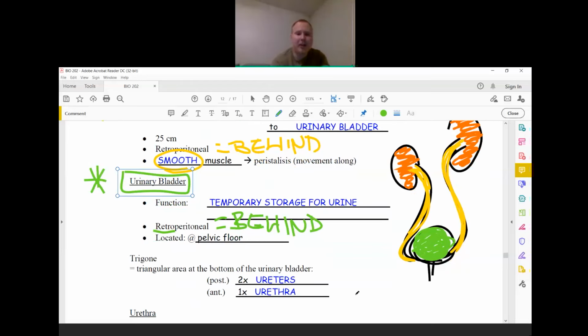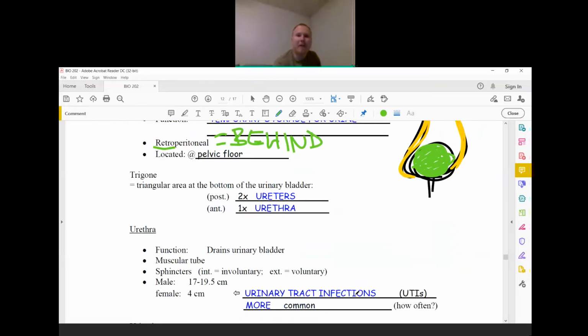We'll come back to the trigone in a second. But before that, I want to have a quick discussion about the urethra. The urethra is the tube that drains the urinary bladder and connects it to the outside world. It is a muscular tube, and there are multiple sphincters there.